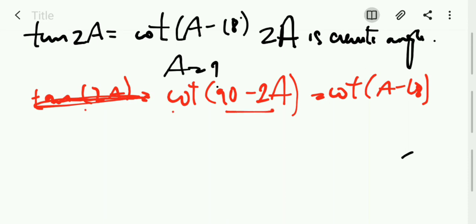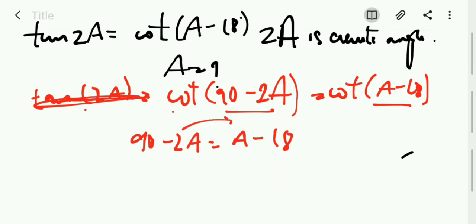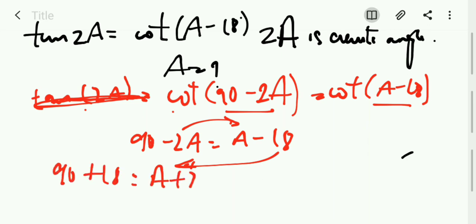Now since 2A is an acute angle, 90 minus 2A is equal to A minus 18. Now this minus 2A goes here and this minus 18 comes here. So 90 plus 18 is equal to A plus 2A, which is nothing but 3A equals 108.